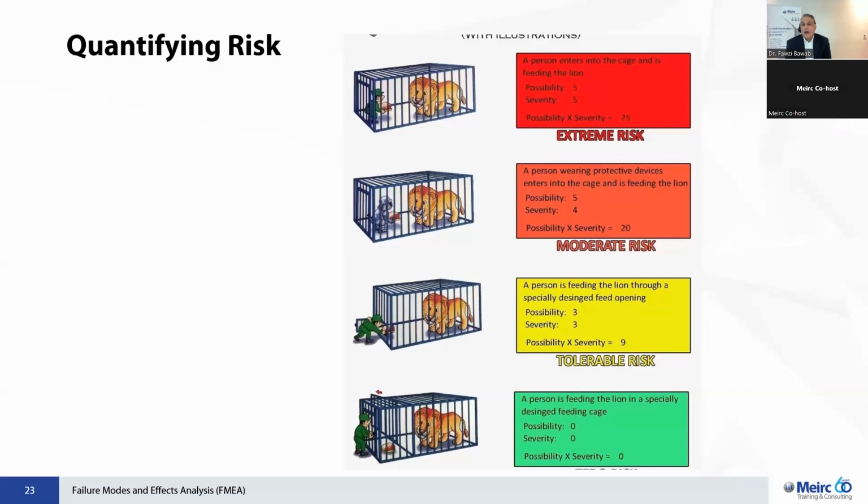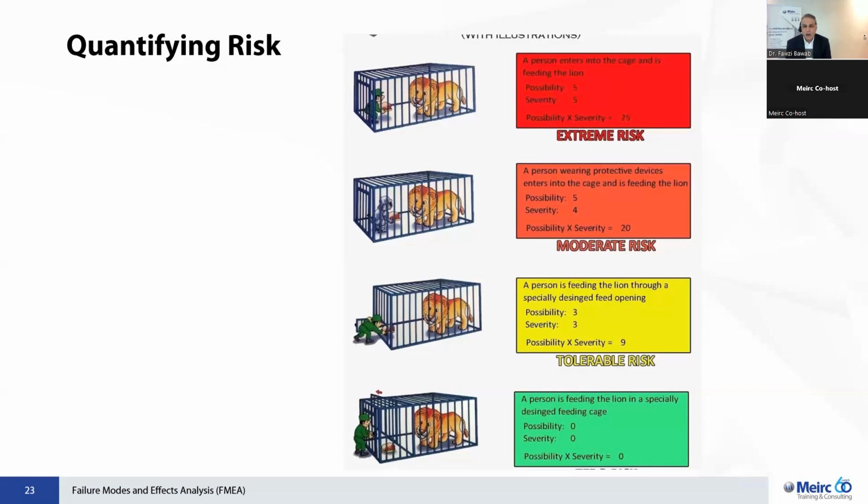In this case, we are looking at the possibility of something happening. If you put a man with some meat with this lion, the risk is extreme, correct? The probability is very high. The severity, we might have a death situation.